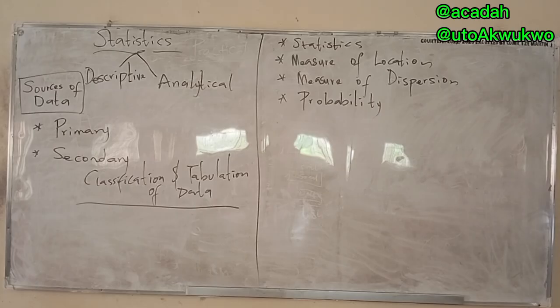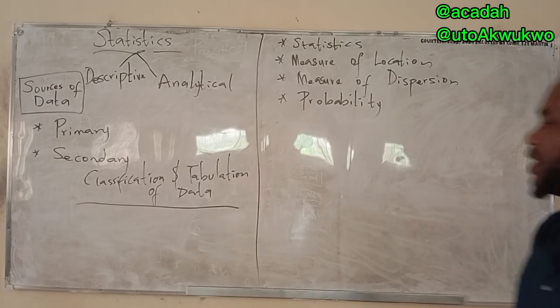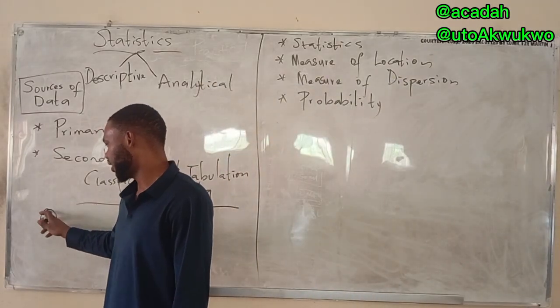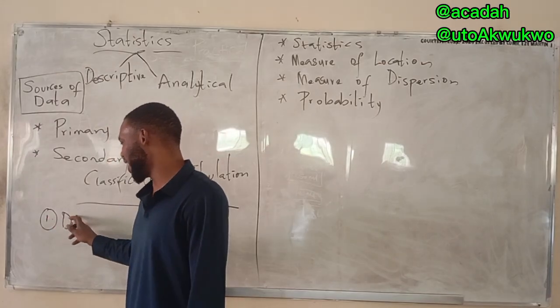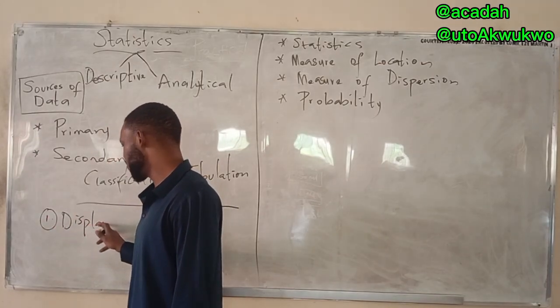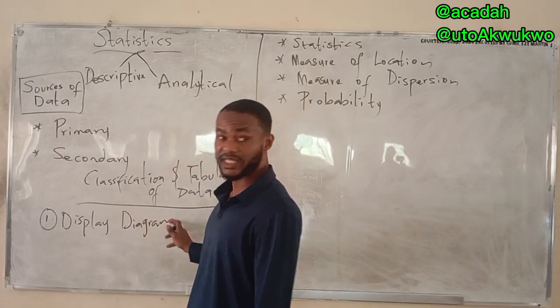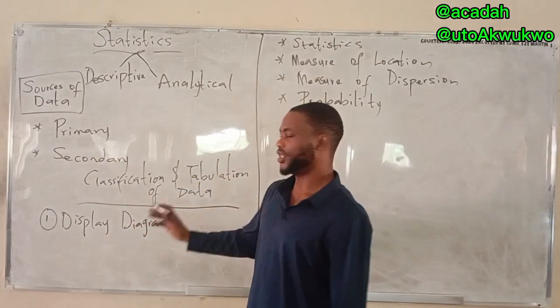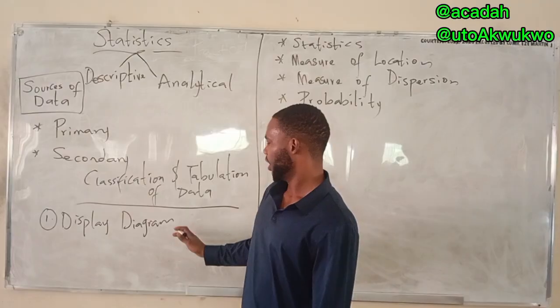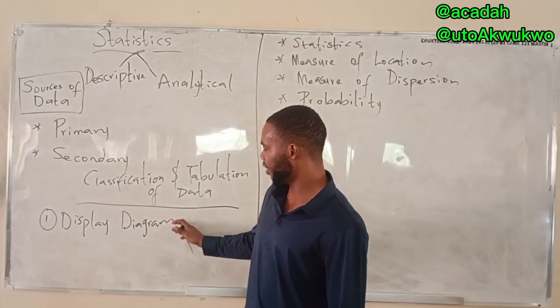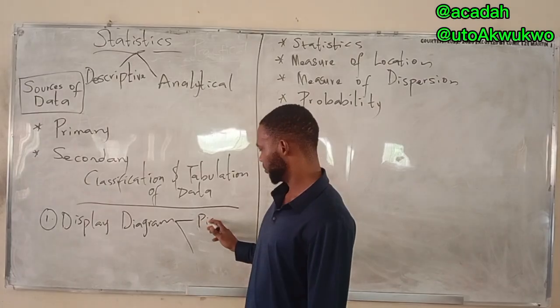It is ordered. So for this classification and tabulation, the first one is what we call the display diagram. All these things will take us to what we are looking for. Under this display diagram, you have what we call pictogram.